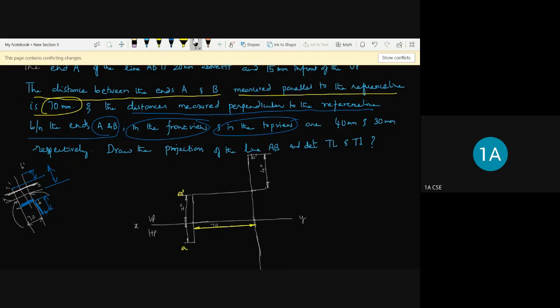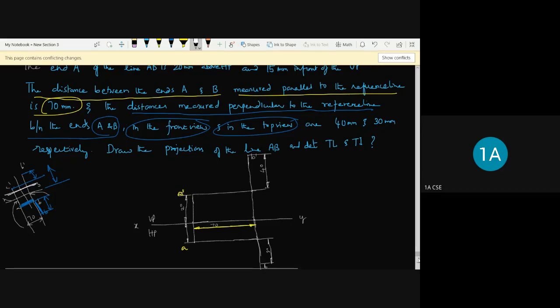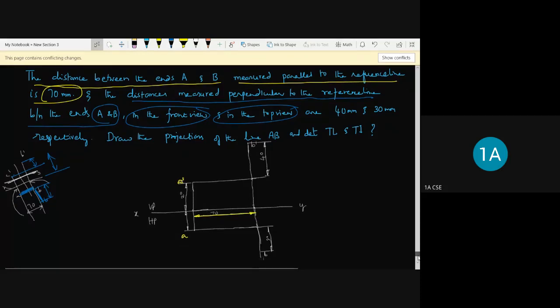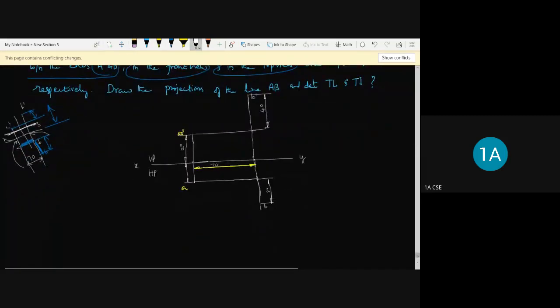And similarly from A you draw like this, and from here to here you need to measure 30 mm. Then you locate the B point. So you got A and you got B also. Now join these lines.